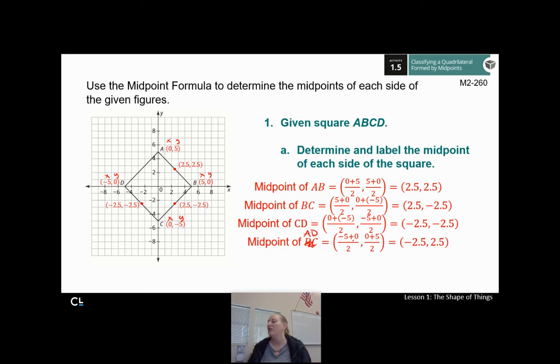So negative 5 plus 0 divided by 2 is a negative 2.5. 0 plus 5 divided by 2 is a positive 2.5. So I have to go left 2.5 and then up 2.5. Make my mark, put the coordinates there. Boom. You found the midpoints for all the sides. It was a lot, but you got there. That's what matters, right? So here I have my midpoints.